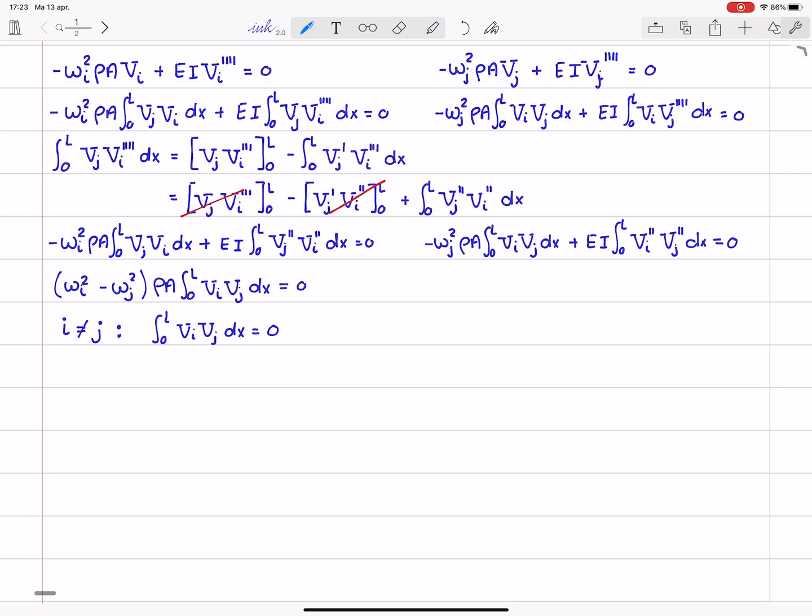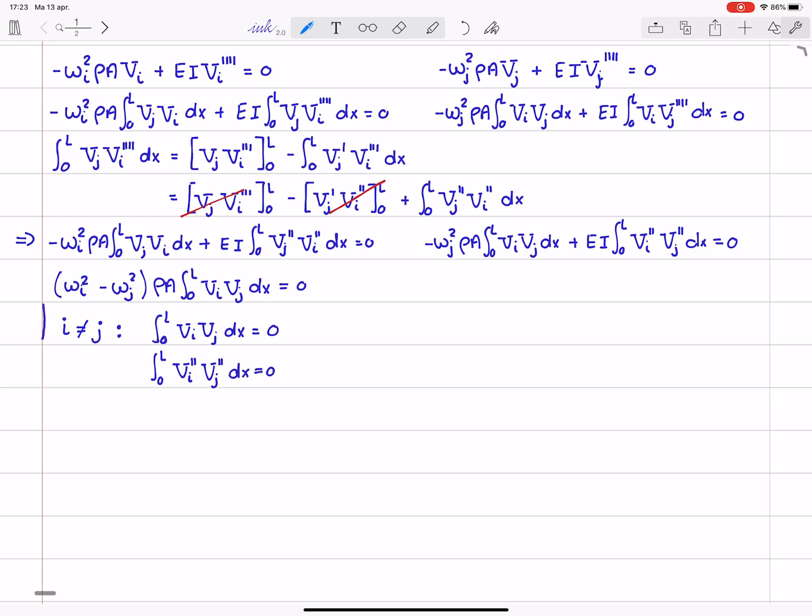Then by back substitution of this result in either of these two equations, we also conclude that the integral from 0 to L of v_i second derivative v_j second derivative dx is 0.